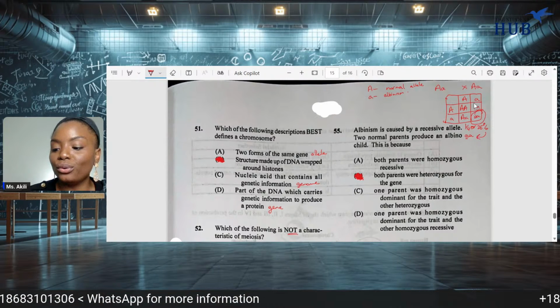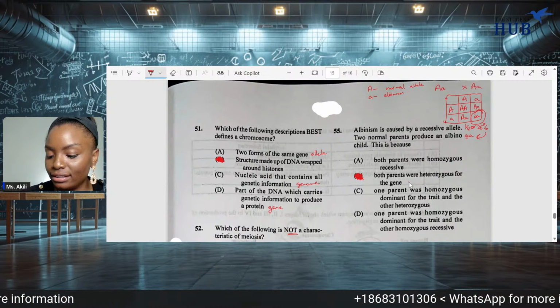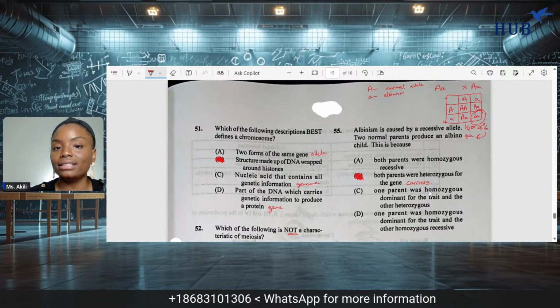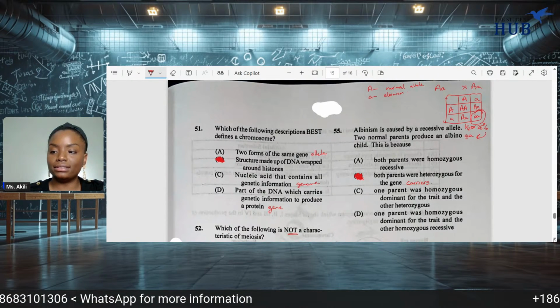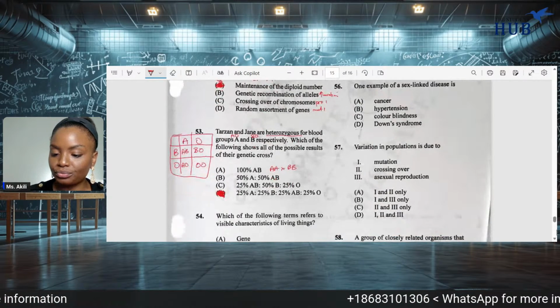Yeah, so they are phenotypically normal, but they are carriers. They don't express the condition, but they are carrying the allele that can lead to it. And if 2 of those alleles come together, then they can have a child with the condition.